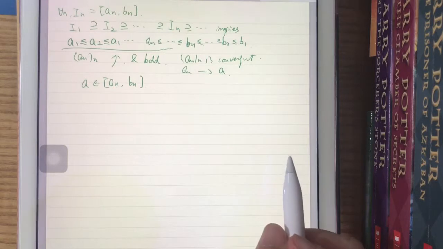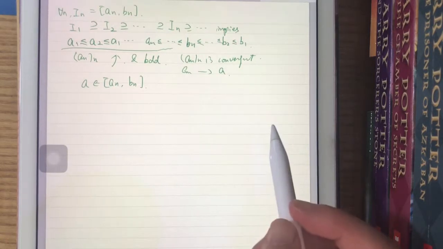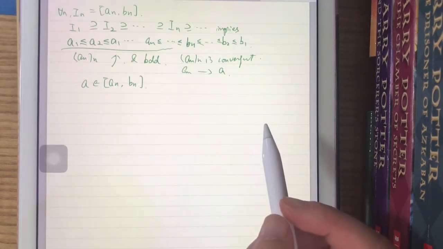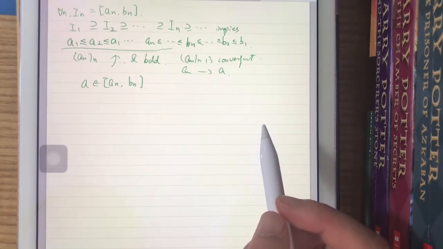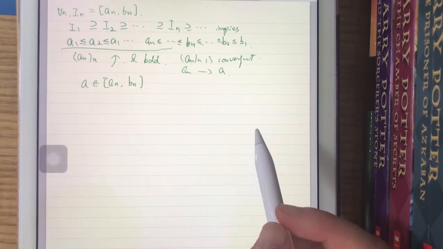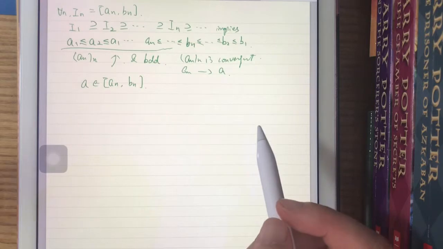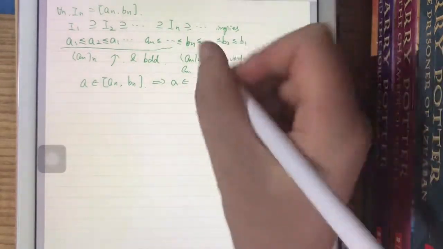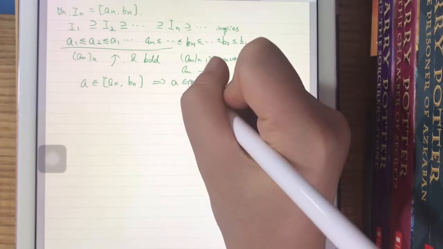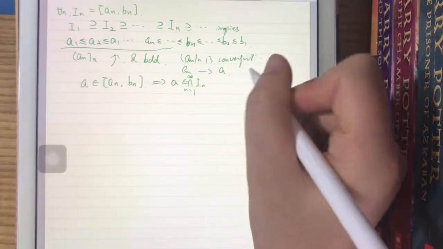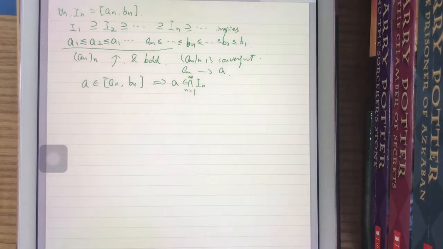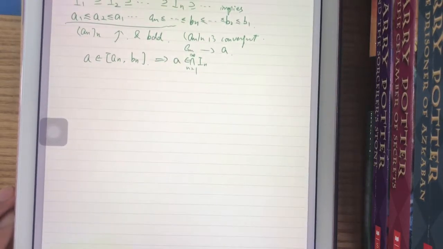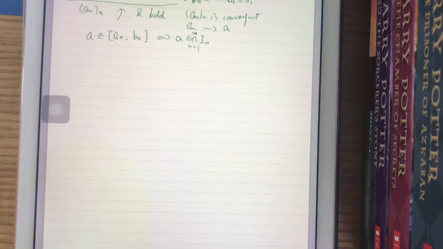Well, because A is larger than or equal to A_n, and A must be smaller than or equal to B_n, for each n. So A must lie in this interval A_n to B_n for all n. Okay, so A must lie in the intersection of I_n, right? So we prove that the intersection of I_n is not empty, which is simply the nested interval property.